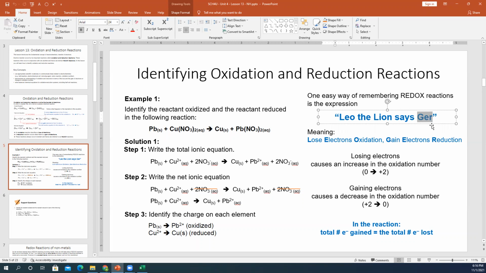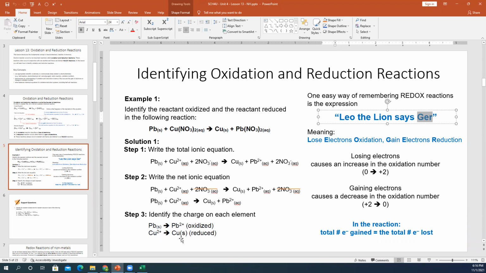Leo says GER. Losing electrons causes an increase in the oxidation number from 0 to +2. So in our example, the lead atom has an oxidation state of 0, and the loss of electrons causes an increase in its oxidation number to +2.